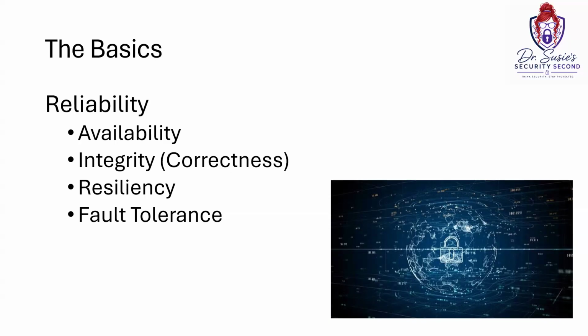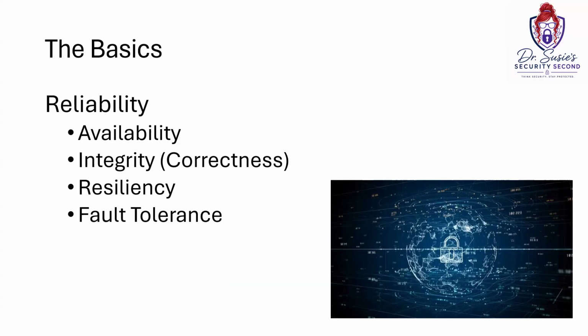Now, there's a couple pillars of reliability. The first one is availability, and that means the capability of a system to remain online and accessible when users need it. And then integrity or correctness, which means that the system is going to process data accurately and only do what it's intended to do. And then we also have resiliency, which is the system's ability to withstand or rapidly recover from failures and cyber attacks.